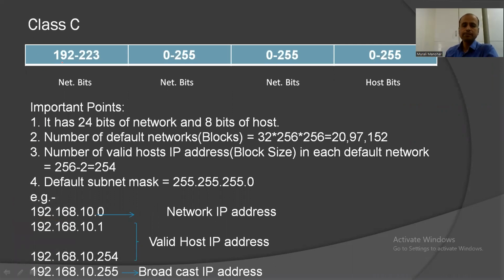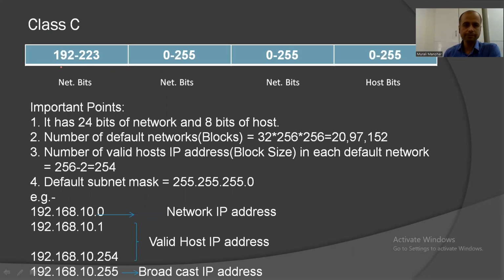This is class C, and the range of class C is 192 to 223. With this value, we can identify whether any IP address belongs to class C or not. IPv4 is based on 32 bits, and these 32 bits are divided into four groups, and each group has 8 bits.